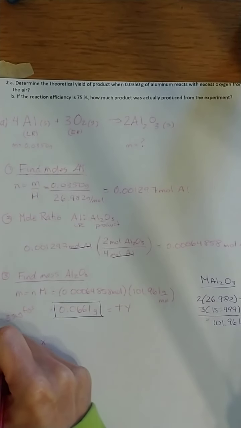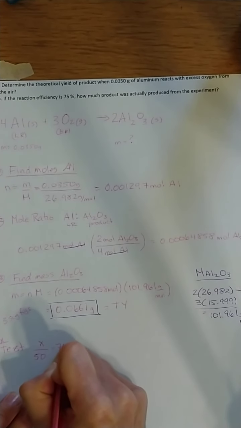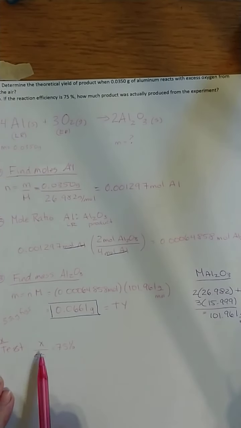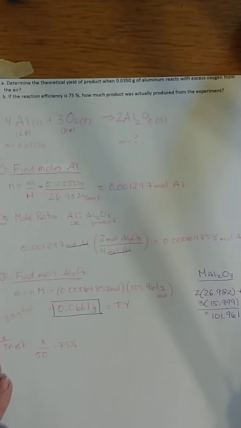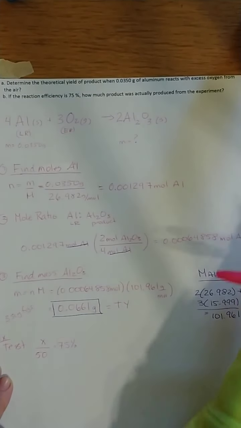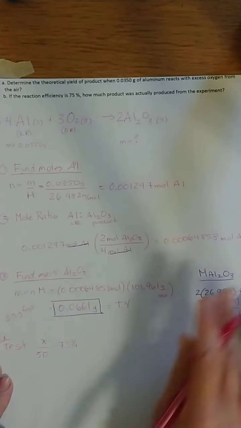Let's do an example here. Okay, you got X out of 50 and you got 75%. What is X? How do you solve for X? Well, you would cross multiply. Okay, and convert your percent into a decimal.